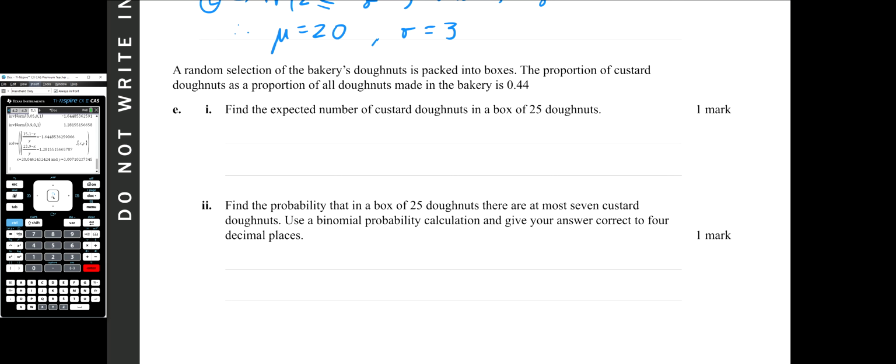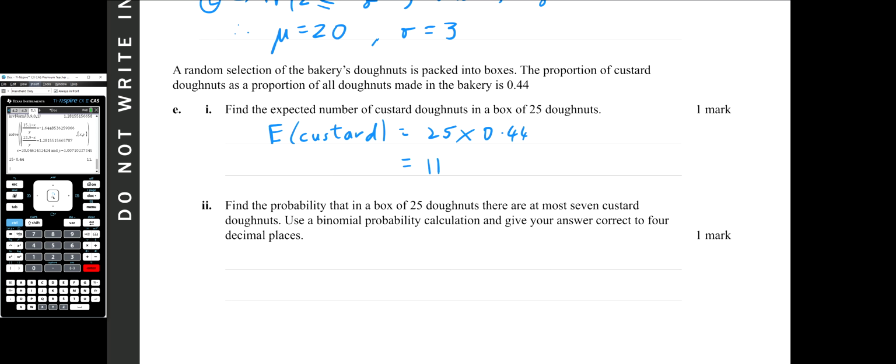Right, so the expected number of custard donuts, well, we have 25 donuts, and the proportion of custard donuts is 0.44, so you simply multiply the two of them. So 25 times 0.44, and we've got 11. So there we go. So you'd expect 11 of the donuts in the box to be custard donuts.